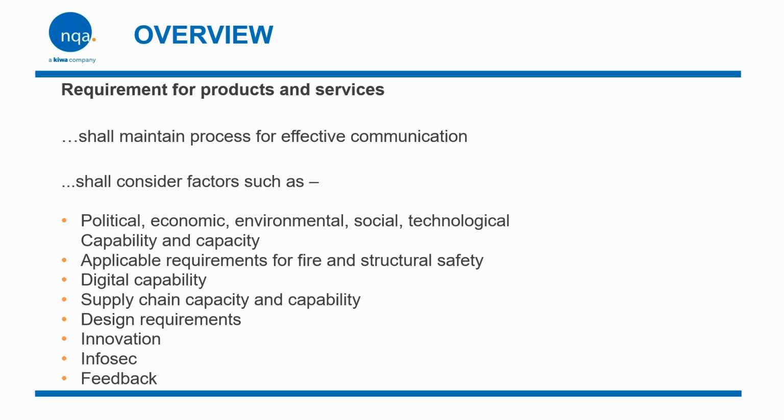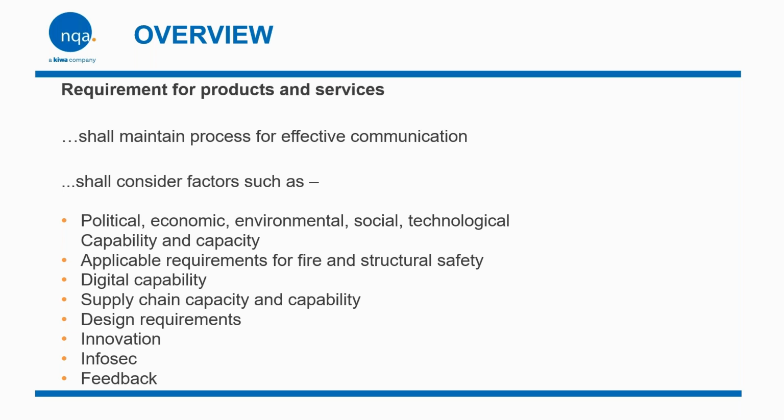You have digital compatibility: you consider digital tools, platforms, and data management processes needed to support project delivery and quality management. Supply chain capacity and capability: you need to evaluate your supply chain skills and resources. Are they reliable to support the project demands? You look at design requirements, ensuring the design specification and client expectations are fully captured and communicated.